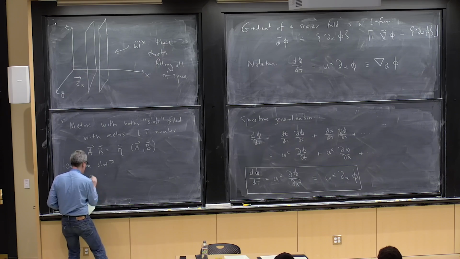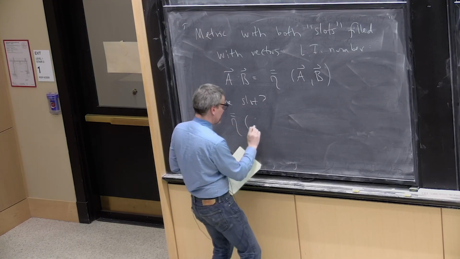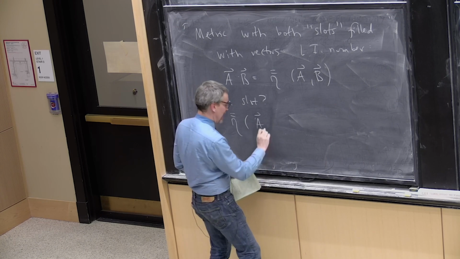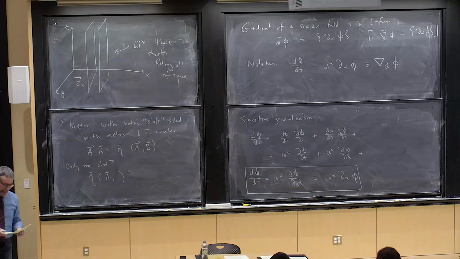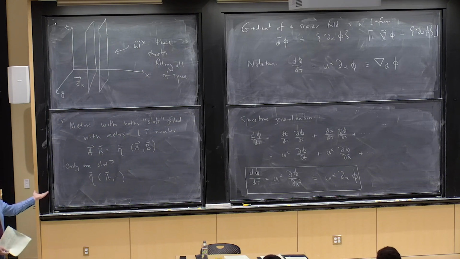Well, if I take this, I plug in the vector A, but I leave the other slot blank, what I've got is a mathematical object that will take a vector and produce a Lorentz invariant number.